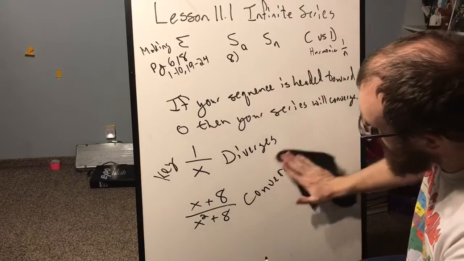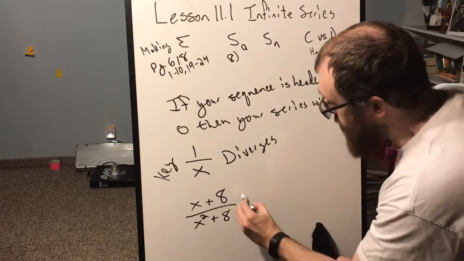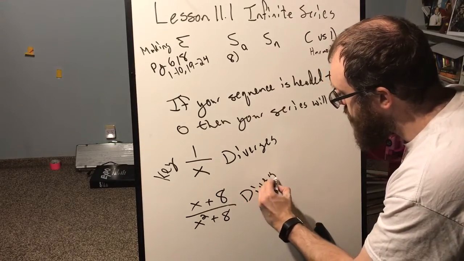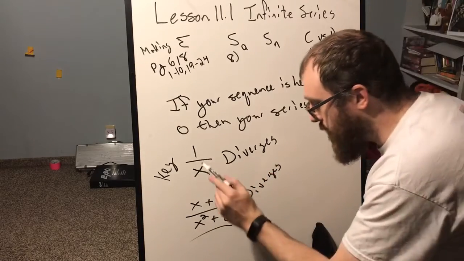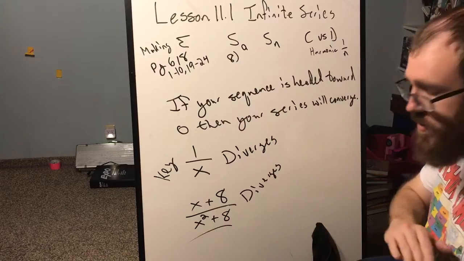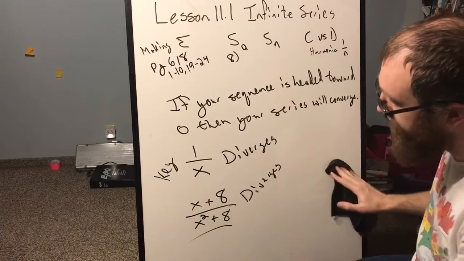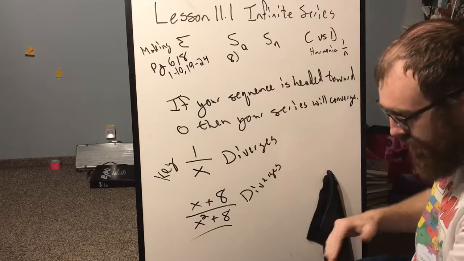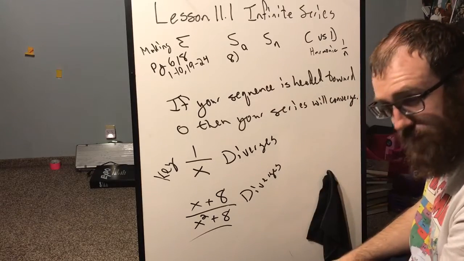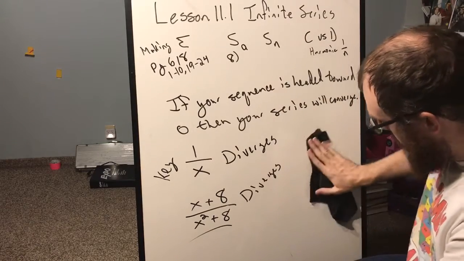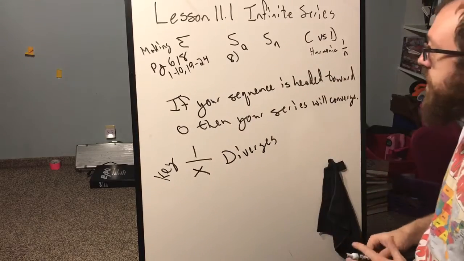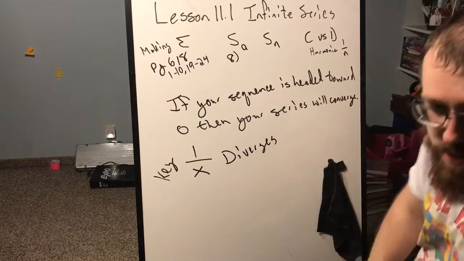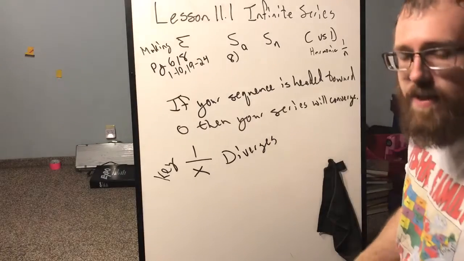Now all of a sudden that does not converge, that diverges, because that's assumed to be only one power larger, which is not big enough. That drops you back to the harmonic series, which is no good. It will not converge.